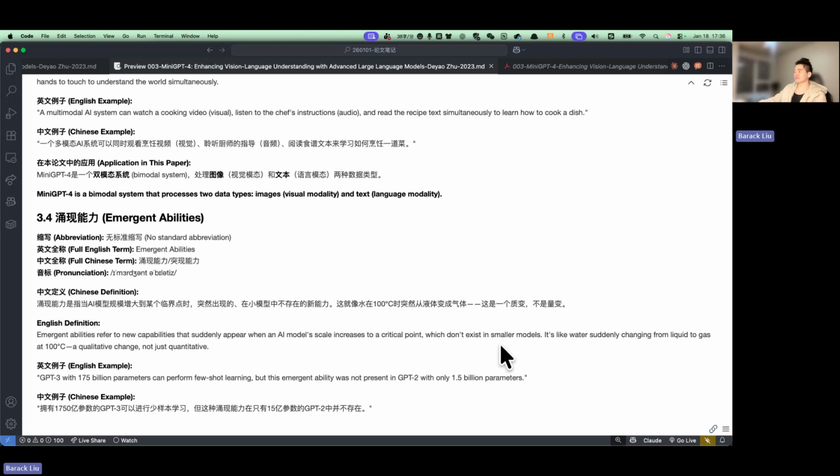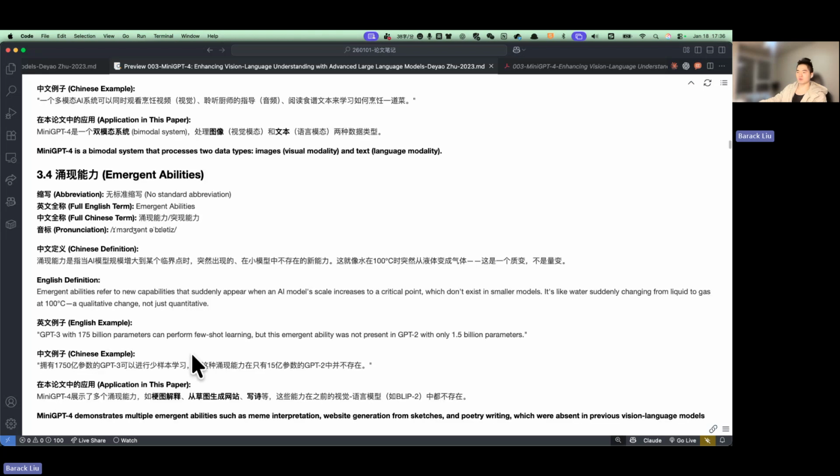It's like water suddenly changing from liquid to gas at 100 degrees Celsius. A qualitative change, not just quantitative.